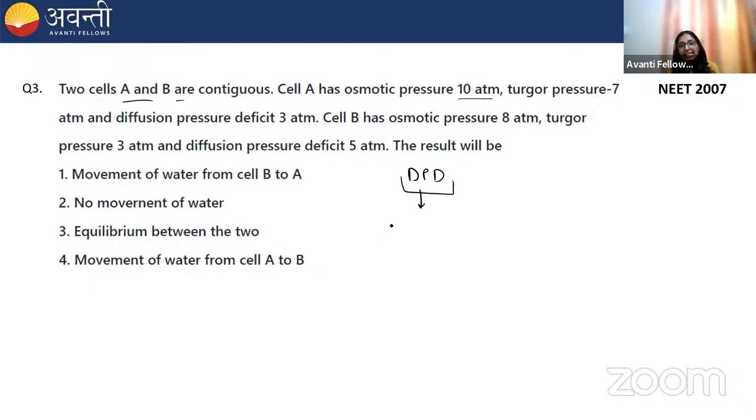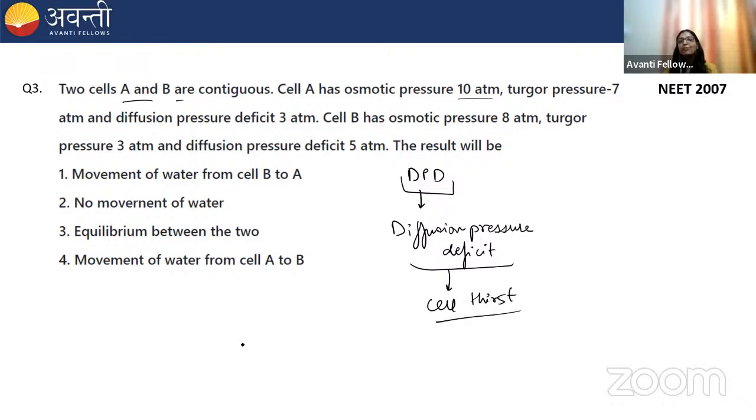So beta, DPD is diffusion pressure deficit. In local terms, we call it cell thirst. When you feel thirsty, you drink water, right?